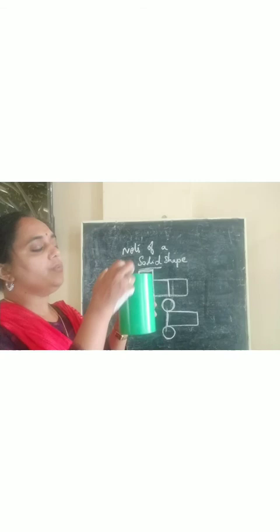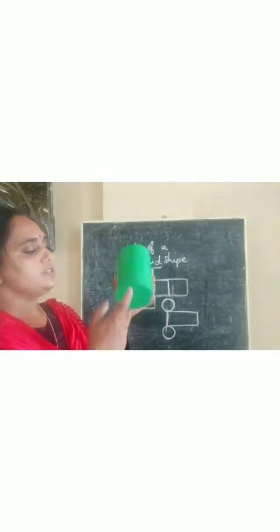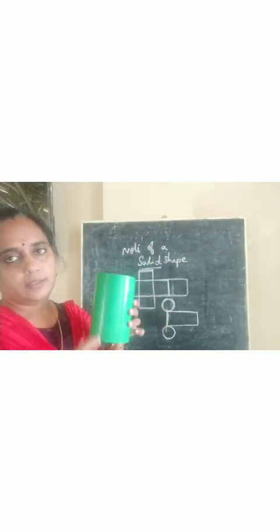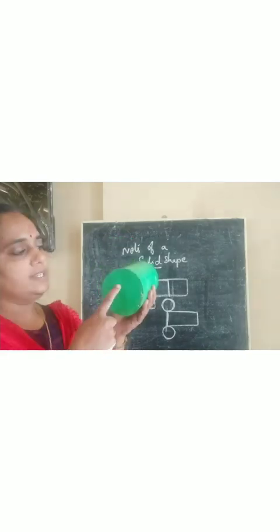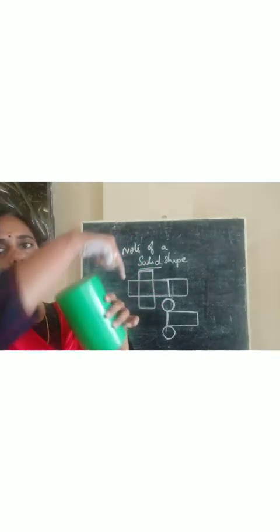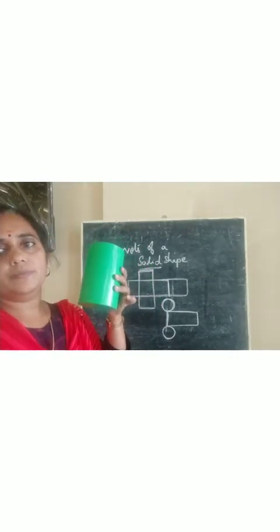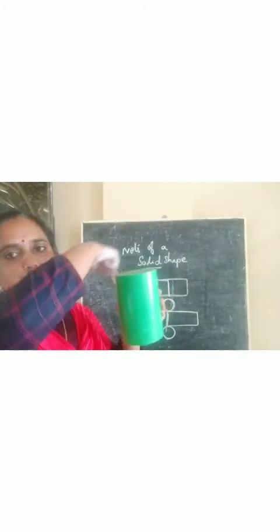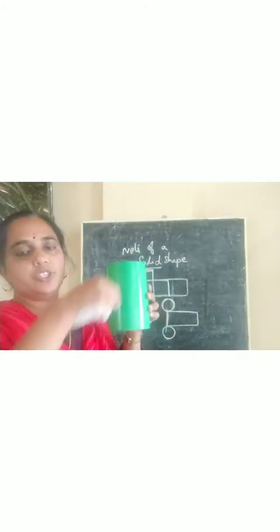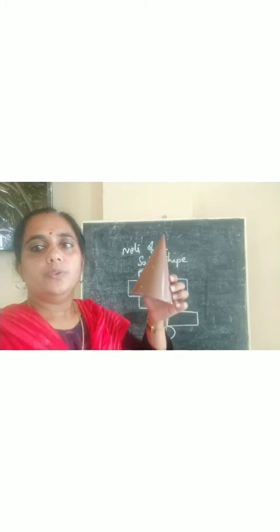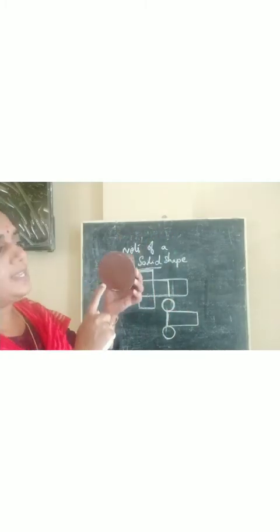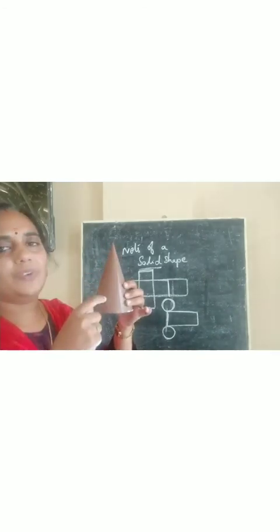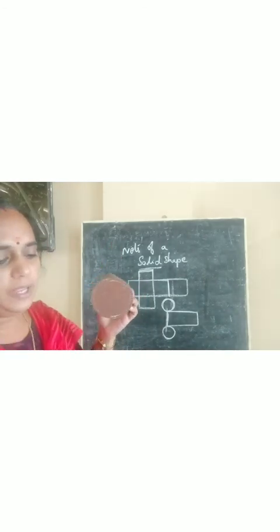There are 3 faces for a cylinder: 1, 2 and 3. Clear? One is here, second one is here, third one is this one, that is a curved face. For a cone, 2 faces are there: one is a curved face, and one here is a plain face.